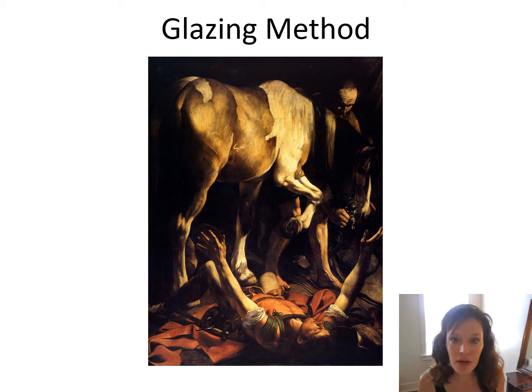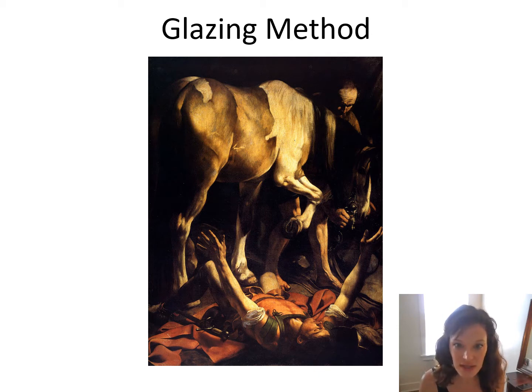Okay, so I want to show you a reminder of some of the glazing method images we saw in the intro and show you some extras as well and talk about them. So here is a Caravaggio painting. Please note the really strong chiaroscuro lighting situation.